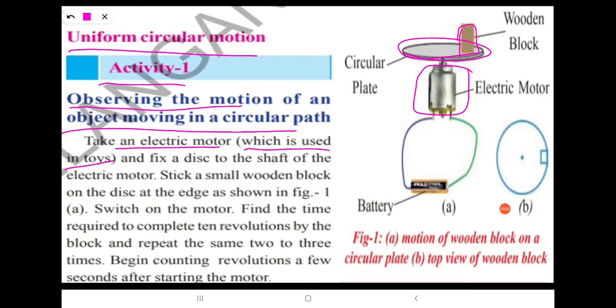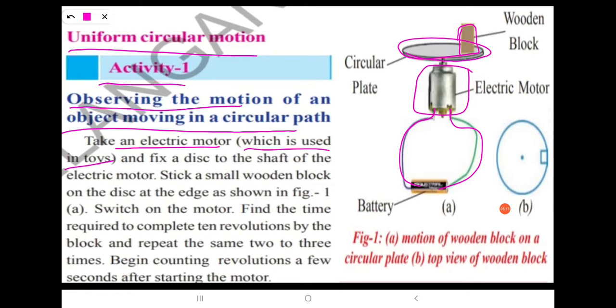Now we have to connect a battery. Through this electric motor, we are connecting two differently colored wires, and to the ends of the wires we connect a battery. Now we switch on the motor.